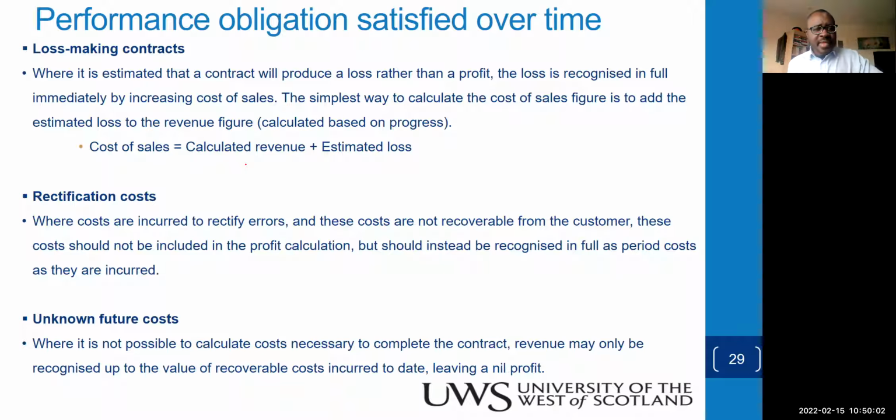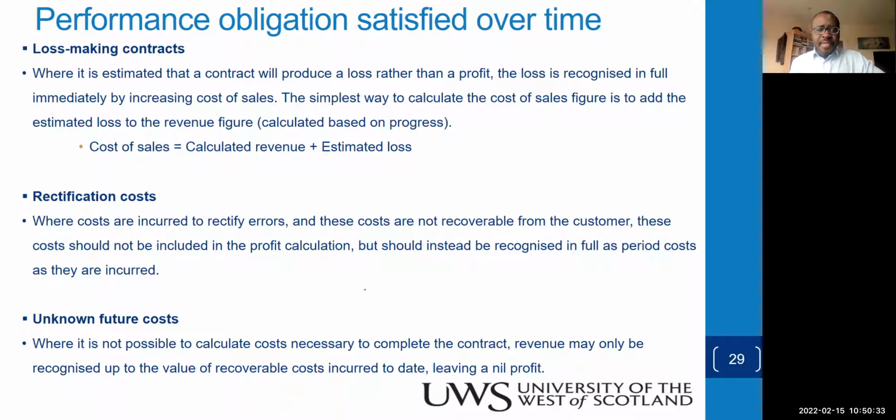What if we have rectification costs? Sometimes you would have finished constructing the road and then the government would tell you that if within 6 months we identify some potholes or some errors with the work, you have to go and correct it. Normally, it happens in road construction and even in building. When you have built a house and after 6 months or within 2 years we see some cracks on the building, what happens?